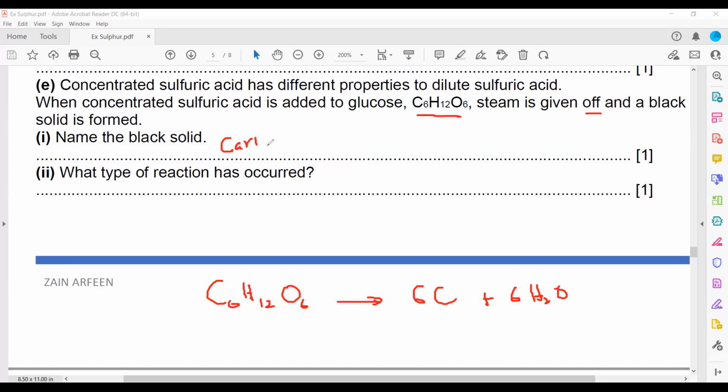The black solid is carbon. And what type of reaction occurs? This is dehydration. Why do we call it dehydration? When a water molecule is removed, we call that reaction dehydration. As you can see, the glucose molecule breaks down into carbon and water. That's why we call this reaction dehydration.